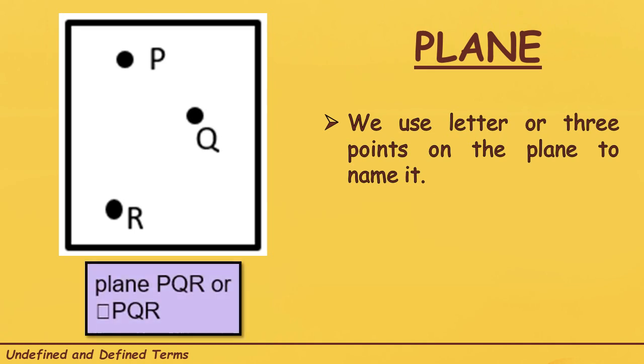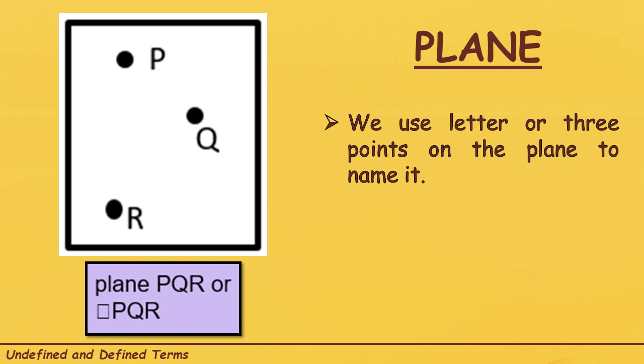Pwede natin sabihin na plane PQR or yung symbol ng plane and then PQR. Pwede rin naman mabaliktad yung mga letters. Pwedeng plane QRP o kaya naman pwedeng plane RQP. It doesn't matter the arrangement of the letters as long as you are using the 3 points that you can see in the plane.